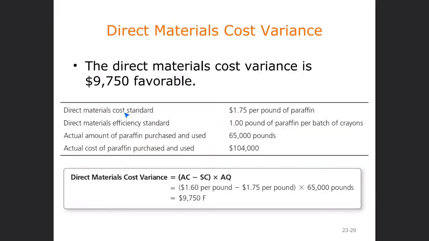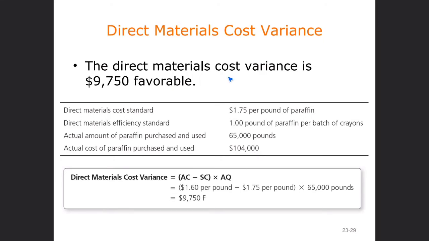So we have our direct materials cost standard, which is $1.75 per pound. Direct materials efficiency standard of $1 per batch. The actual amount of paraffin purchased and used was 65,000 pounds. Actual cost was 104,000.